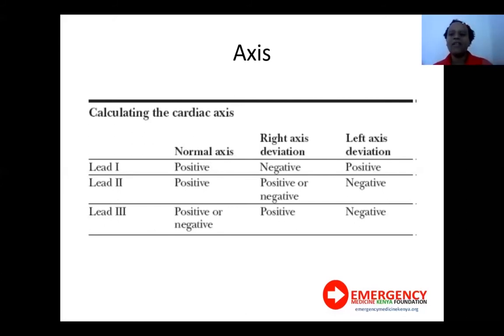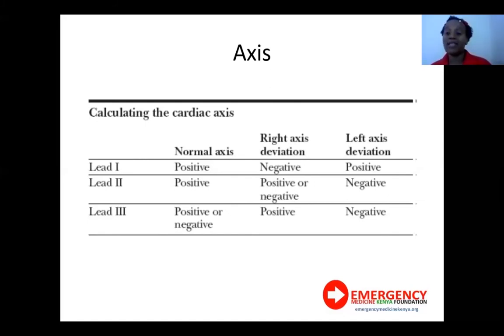Then the left axis deviation is the opposite of the right axis deviation. With the left axis deviation, my lead 1 falls on my left hand, which is the positive side. That means the QRS complex should be facing up, and the AVF should be facing downwards. So they actually come together.